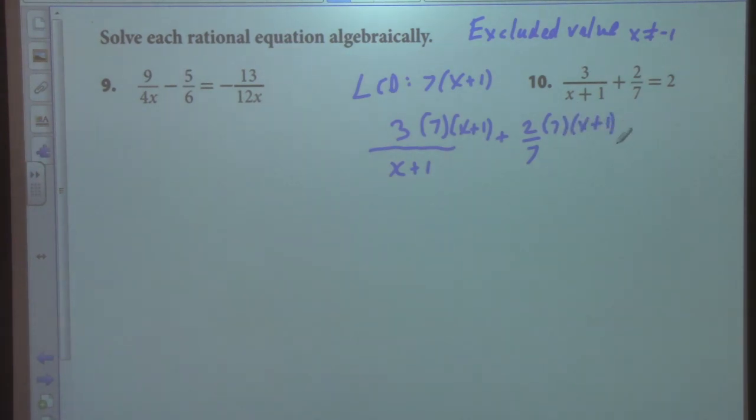And then over on the right side, you have 2 times 7 times x plus 1. You cancel out the x plus 1, so it'll be 3 times 7, which is 21. And then you cancel out the 7 on that, so it'll be 2x plus 2.